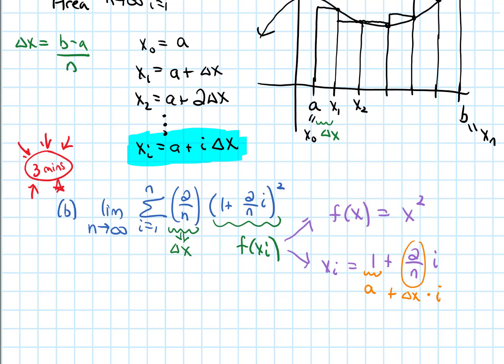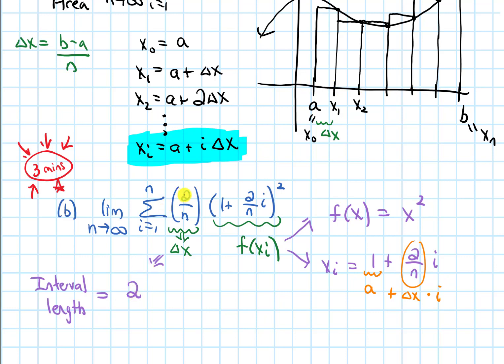The way we get that is from delta x, which tells me the interval length, because the numerator of delta x was how long the whole interval was. So the interval length is going to be 2.